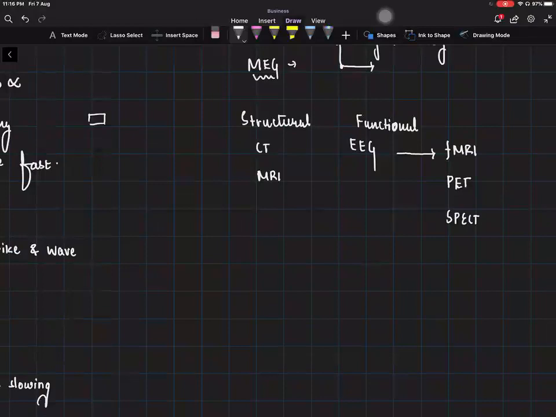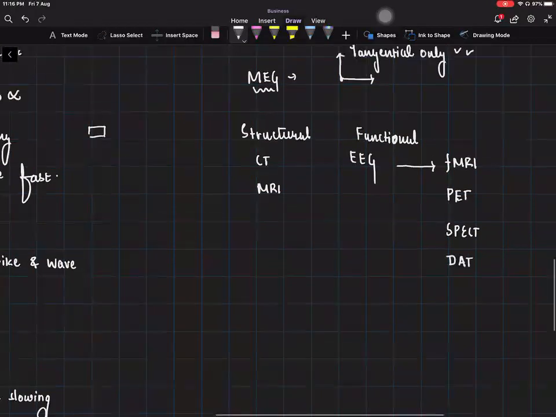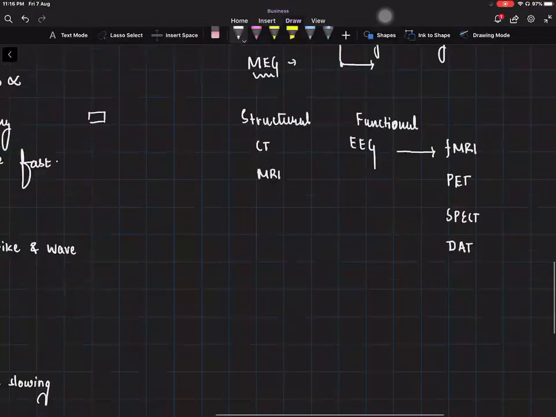Single photon emission computerized tomography. And what about the DAT scan? It's something related to dopamine receptors. I also don't know the full form, but it's essentially the confirmatory test for Lewy body dementia.